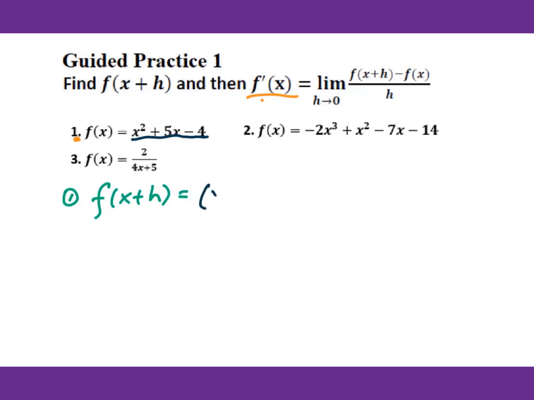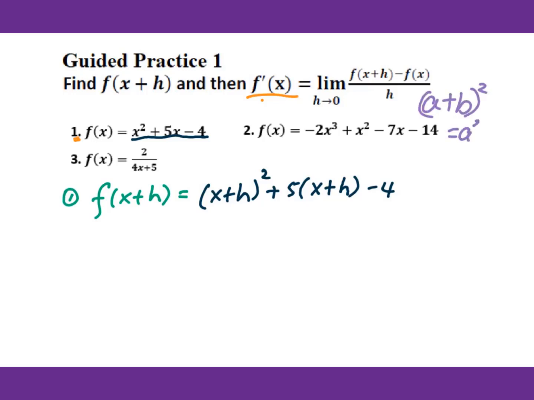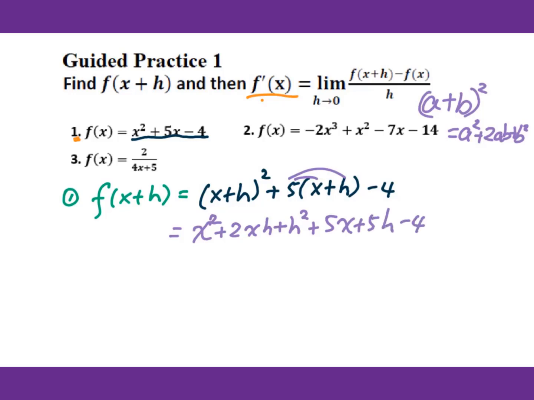Therefore, you will get (x + h) squared + 5(x + h) - 4. Remember this formula: (a + b) squared is a squared plus 2ab plus b squared. Therefore, you will get x squared + 2xh + h squared, then plus, by distributive property, 5x + 5h - 4.